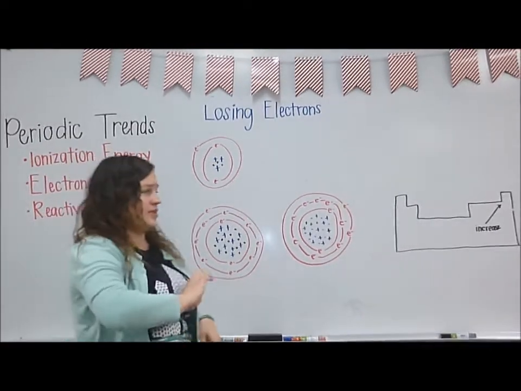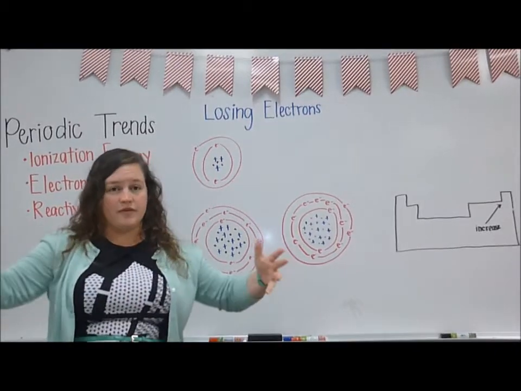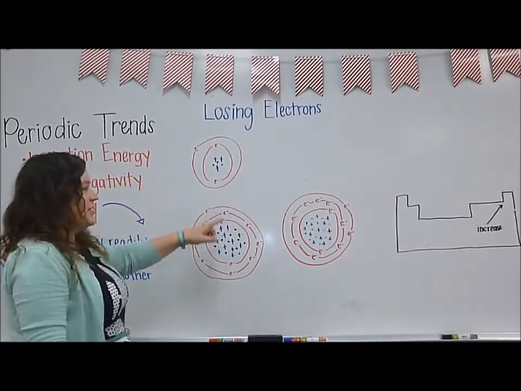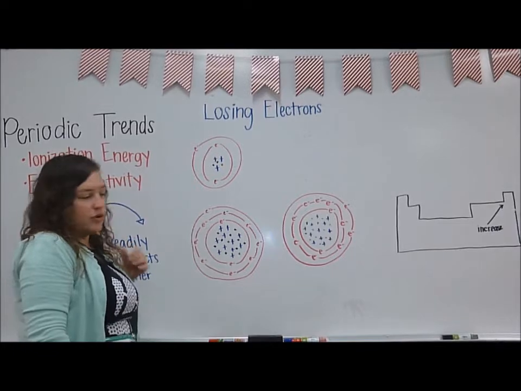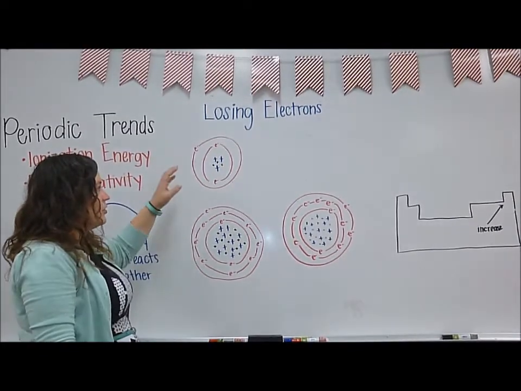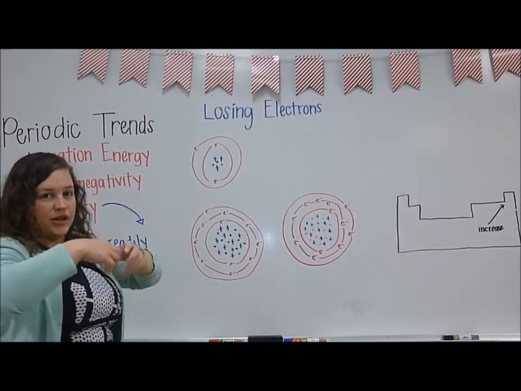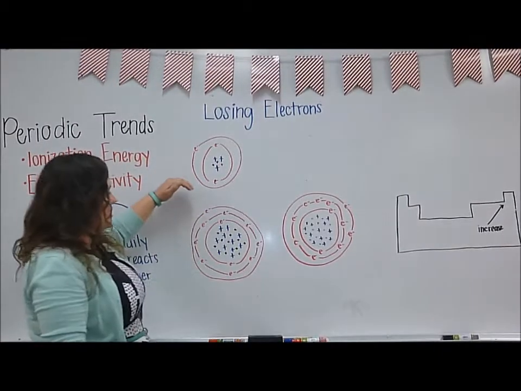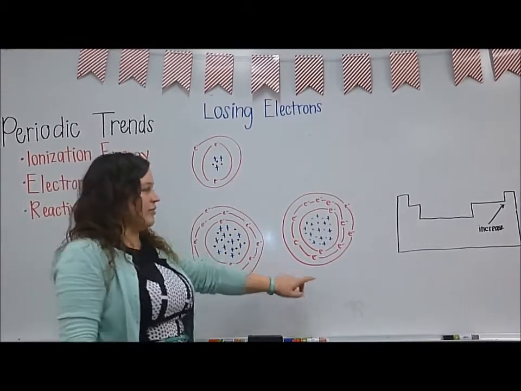Some elements would prefer to gain electrons to fulfill their octet. Some elements, like these guys on the left-hand side of our periodic table, would prefer to lose their electrons, or have their outer electrons plucked off so that they have a full outer shell. Like lithium, sodium, and magnesium, which are right about here.